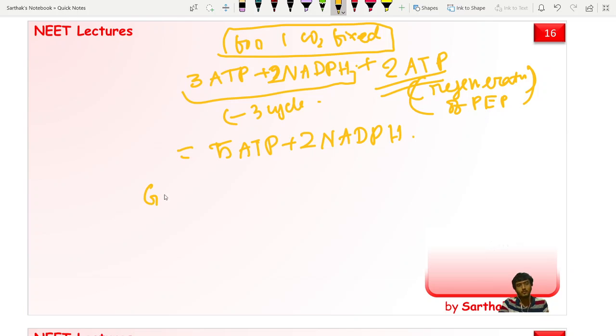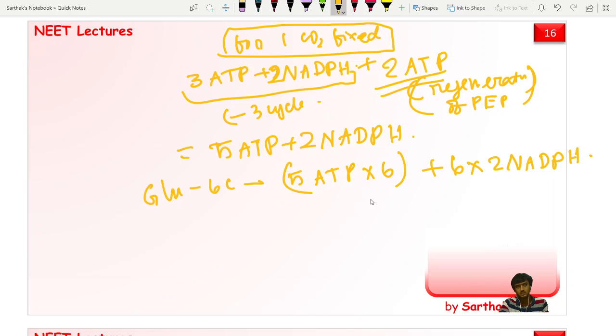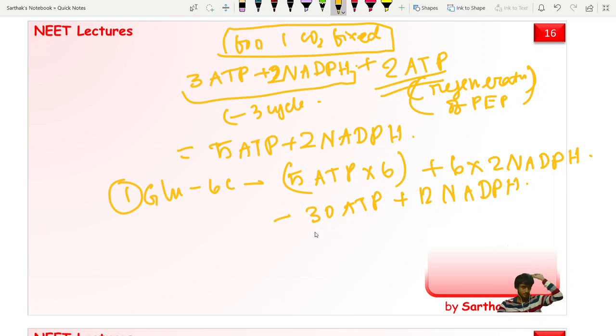So for forming glucose, that is a 6 carbon compound, remember the previous calculations, 5 ATP into 6 is required plus 6 into 2 NADPH is required. So for formation of 1 glucose molecule here, 30 ATP molecules are required plus 12 NADPH molecules are required.